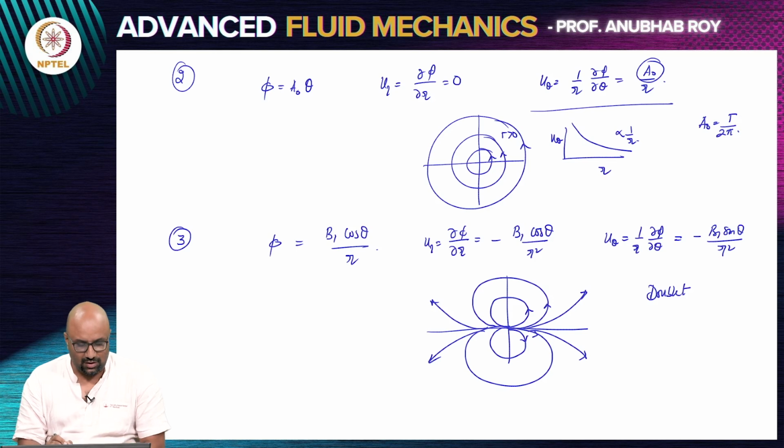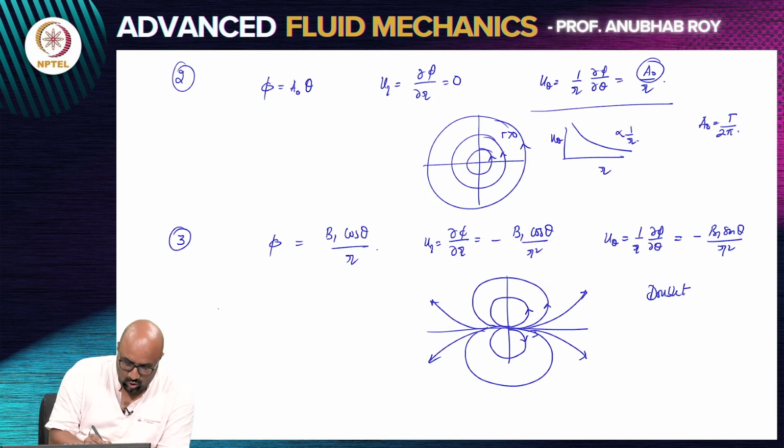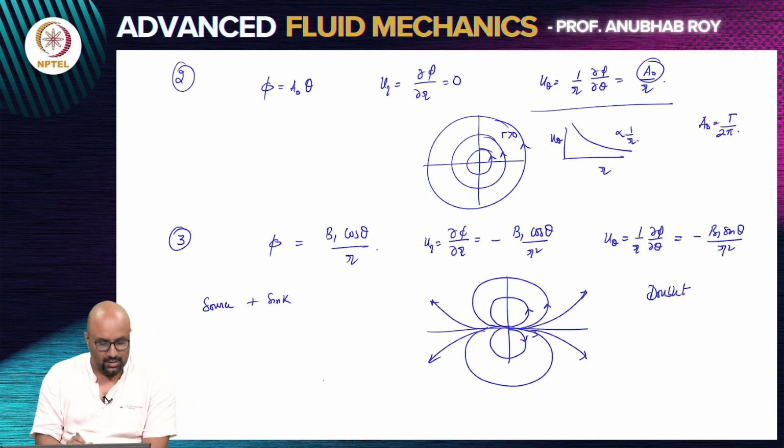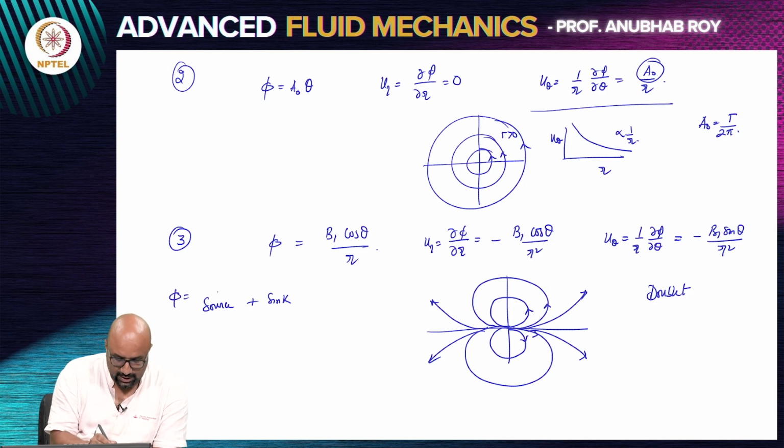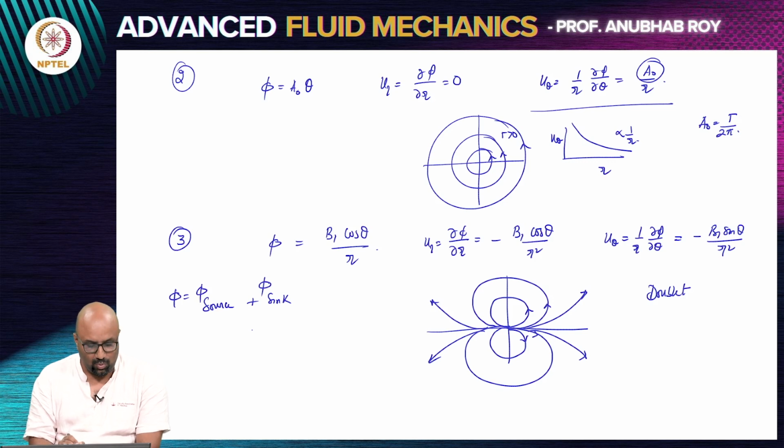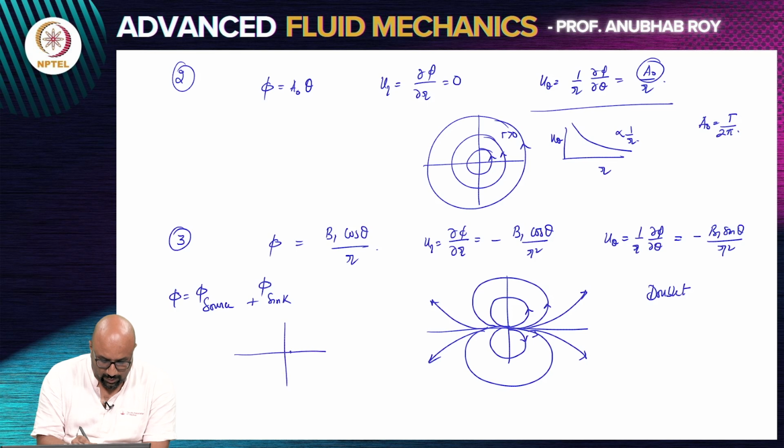To anticipate this velocity profile, consider a superposition of a source and a sink. You have a potential due to a source and a potential due to a sink. Both of them have exactly the same strength, and I am going to place them at a distance epsilon from the origin.